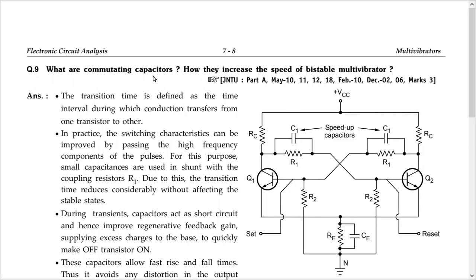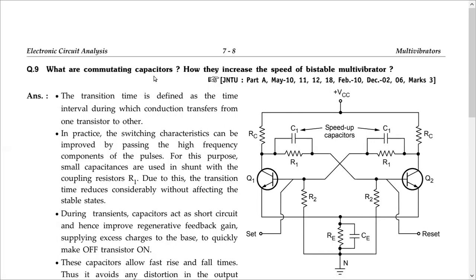Billions of switching activities are taking place, and because of that, for the display, the corresponding pixel switches turn on and turn off. If the switching is slow, then the performance of your device will be slow. So definitely we want high speed switching.